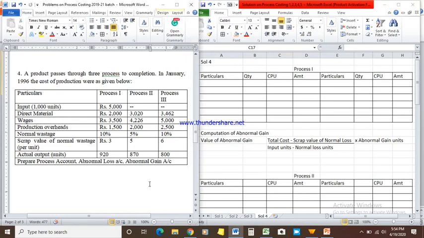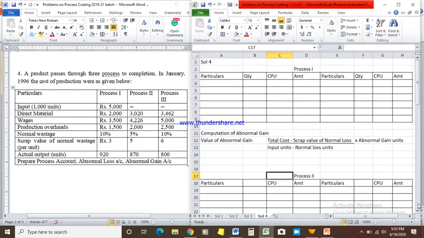Now, before we move on to the preparation of process accounts 1, 2, 3, we need to first understand, given a case of normal wastage and the actual output for all three processes, whether there is an abnormal gain or abnormal loss in each of these processes.